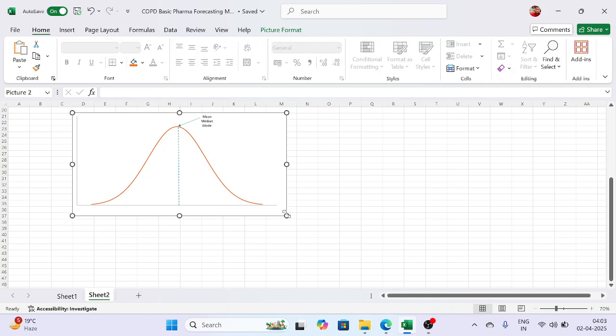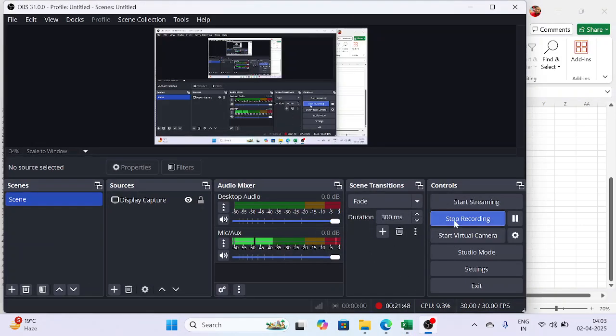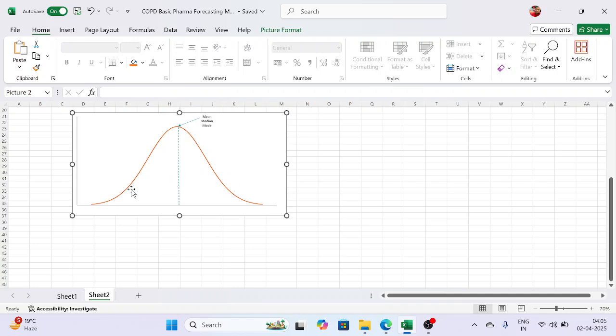So initially, the drug will grab some percentage, let's say 5% share or 10% share, right?